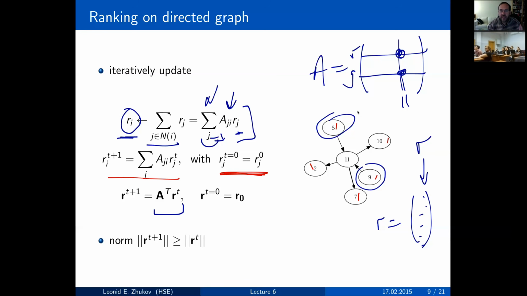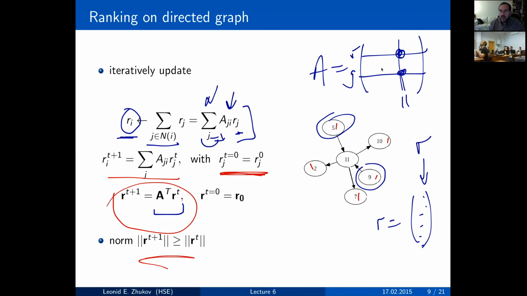Okay, yeah, so there are actually several types of problems we're going to be facing here. The most trivial problem will be actually here. If there are some nodes that are pointing to your node, then taking into account that matrix A is a binary matrix, so its elements are zeros and ones, greater or equal than 0, then when we multiply them, the length of vector R will increase.